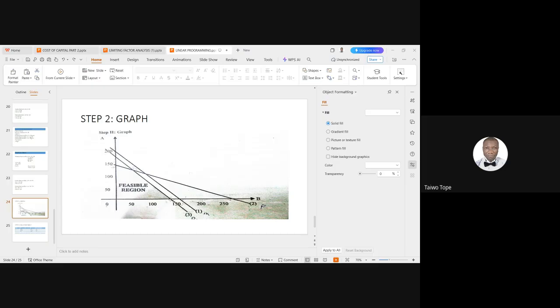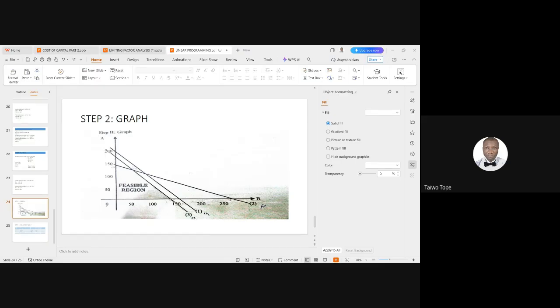Now, we have 3 points on the graph in terms of the visible region, point A, point B, point C. Now, the question is, what is the total contribution at point A? What is the total contribution at point B? What is the total contribution at point C? So how are we going to know that? Can I get an idea?